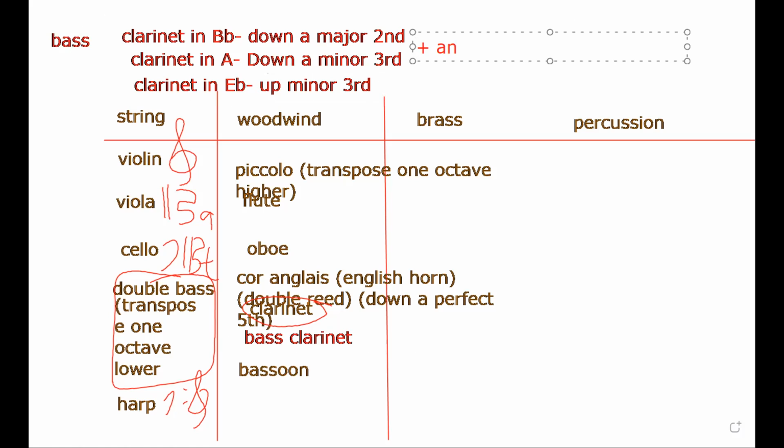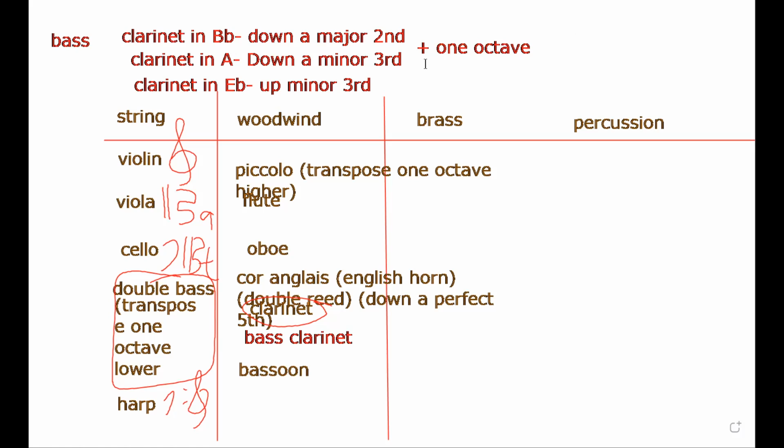1 octave. So that means you will go down a compound major second. For the bass clarinet in B flat, you will go down a compound major second. Bass clarinet in A, you will go down a compound minor third.